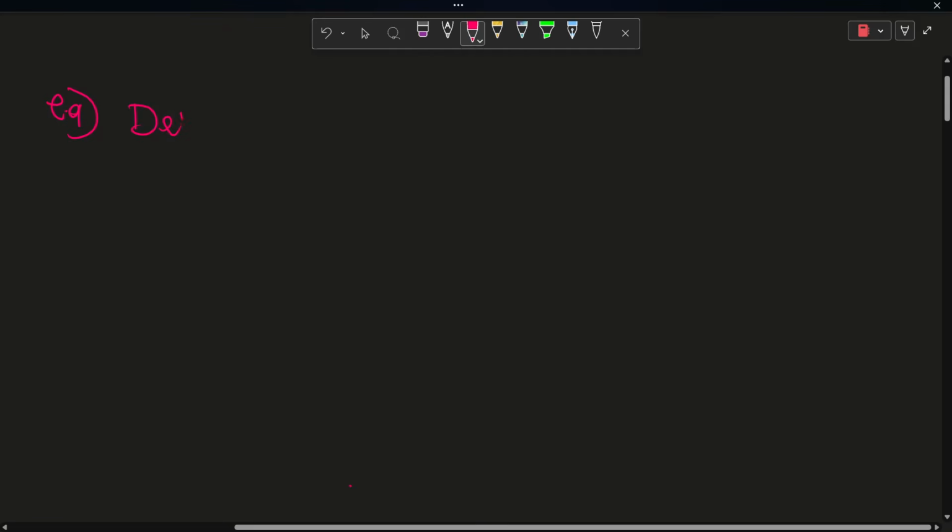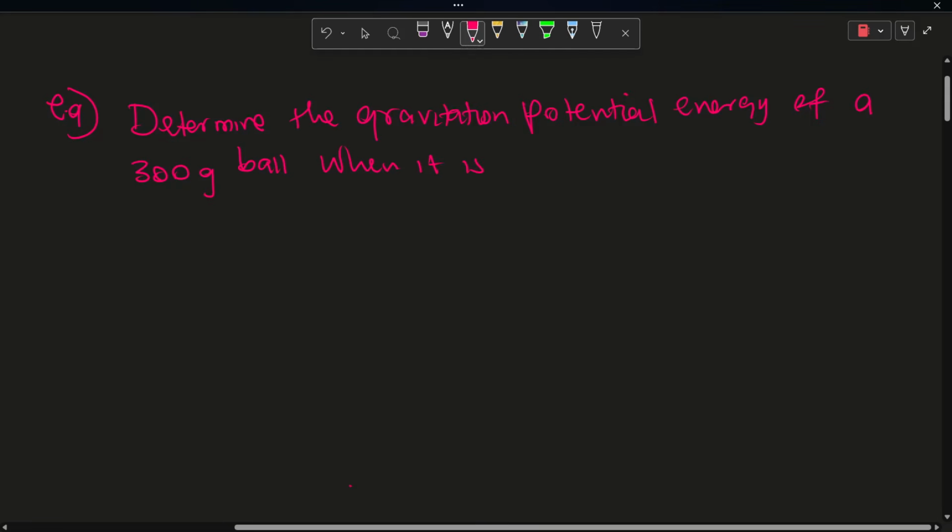Okay, here's the simple question. Determine the gravitational potential energy of a 300-gram ball when it is placed on the chair, which is 2 meters high.